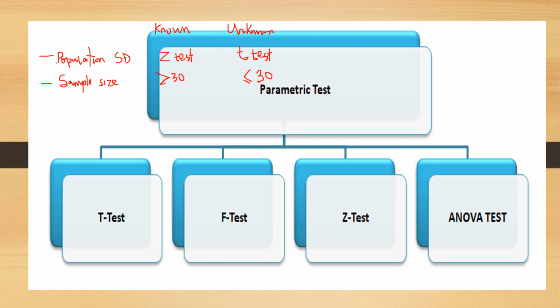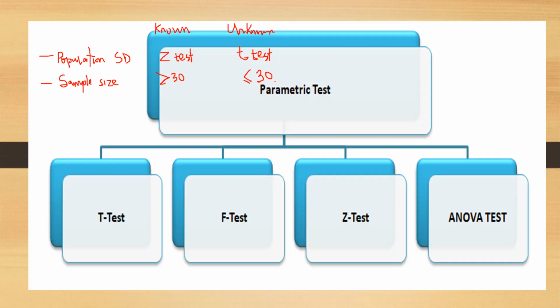I'm just saying if the population standard deviation is assumed known, if you know the standard deviation of the population you are dealing with, then you use your z-test. But if you don't know it, you use your t-test. If the sample size is greater than 30, then use your z-test. But if it is less than or equal to 30, use your t-test. There's nothing coding. I didn't code anything.